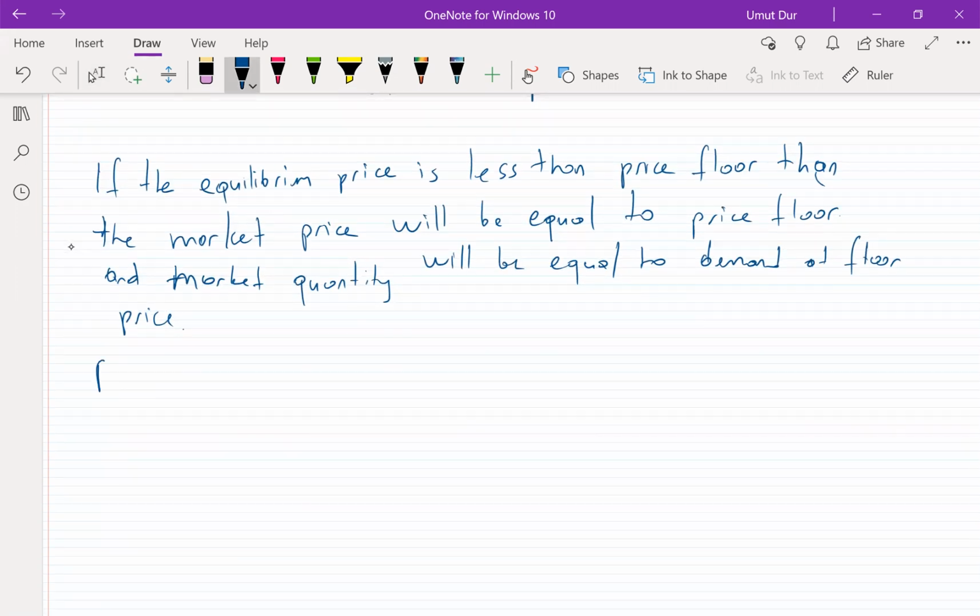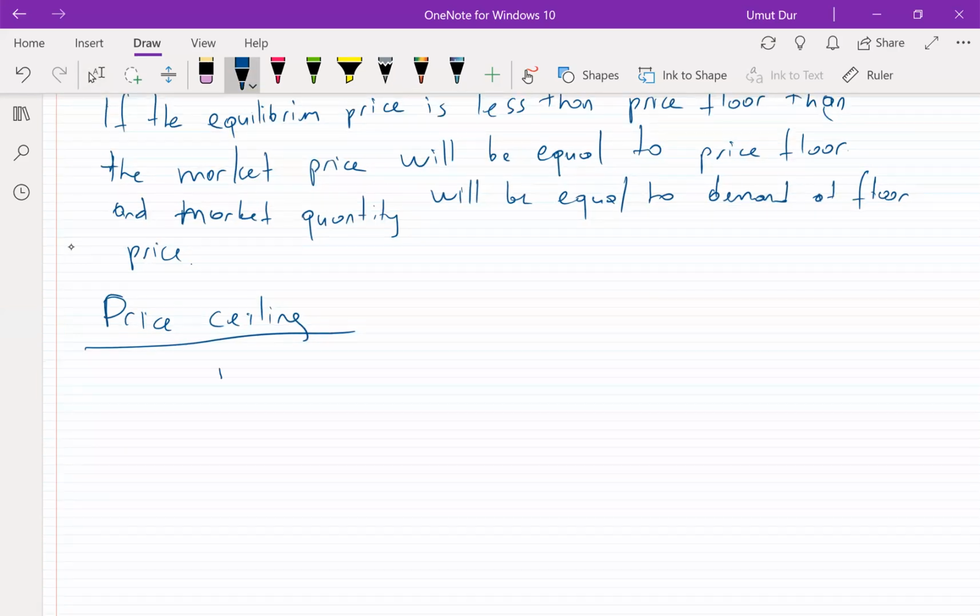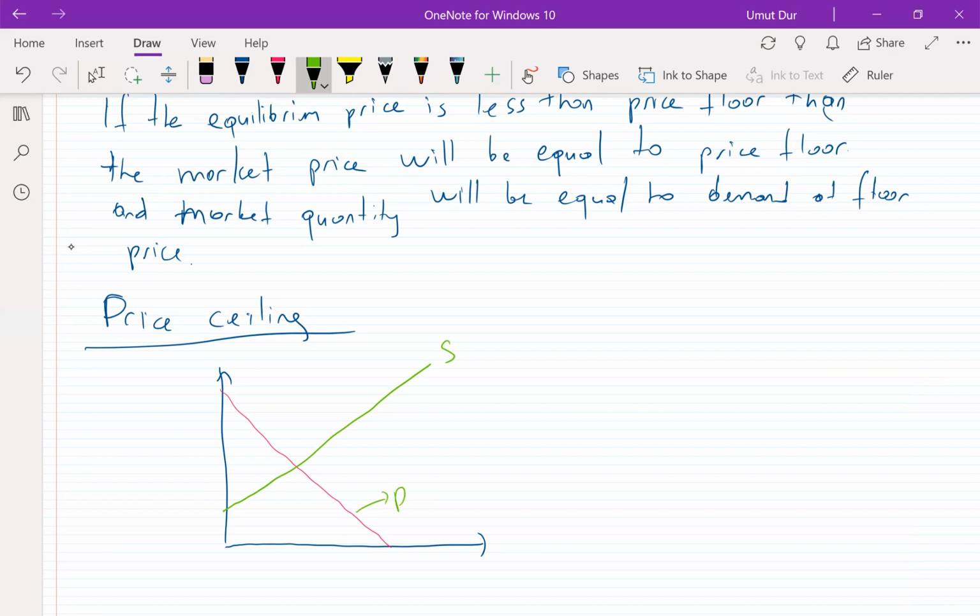Now let's think about the price ceiling. It will be just the opposite here. Let's again think about the demand and supply. This is demand, this is supply, and this is the equilibrium price.